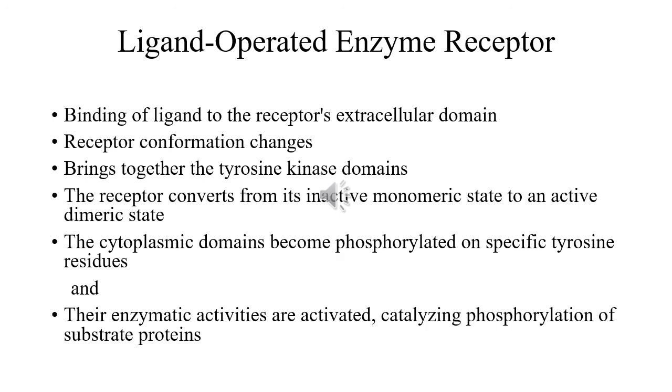Upon binding of the ligand outside the cell, the tyrosine kinase domains are brought closer to each other, and the receptor is converted from its inactive state, which is a monomeric state, to the active state, which is the dimeric state.